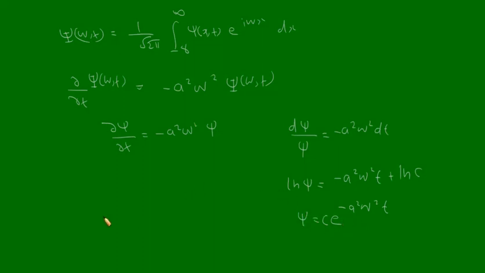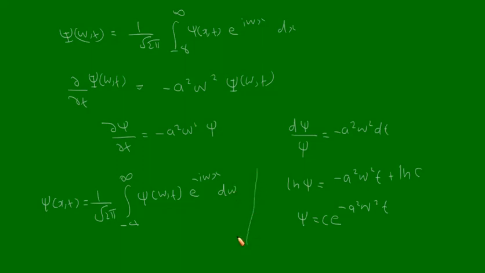So what is psi of xt? So psi of xt is equal to 1 by root 2 pi integral from minus infinity to infinity psi of omega t e raised to minus I omega x d omega.